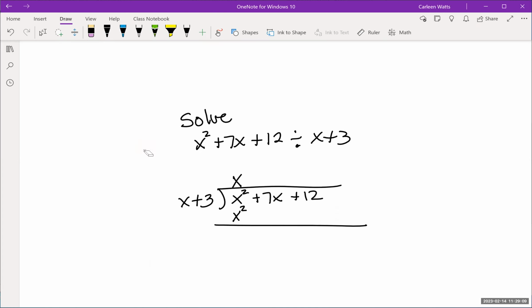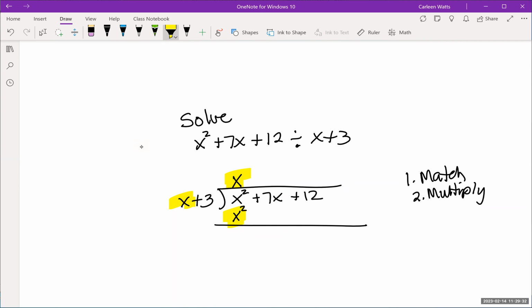So step 1 is make it match. Step 2 is multiply. X times x is x squared. So I took the x and I multiplied it by the x.